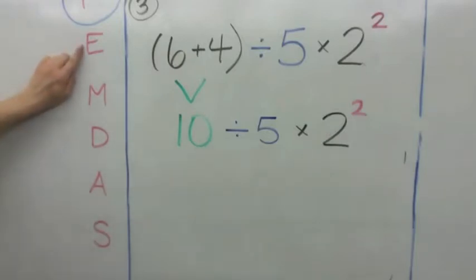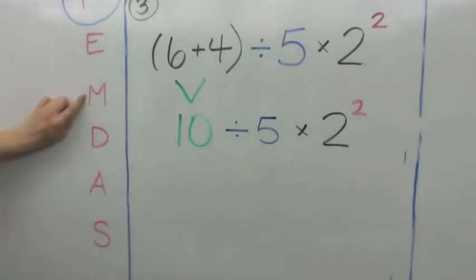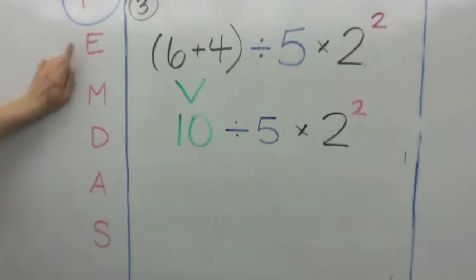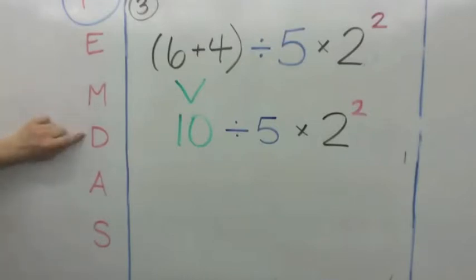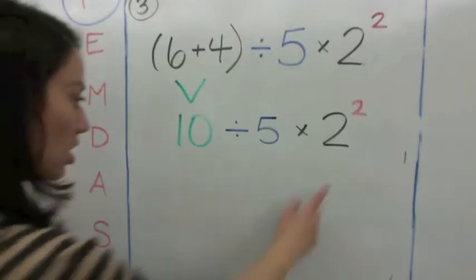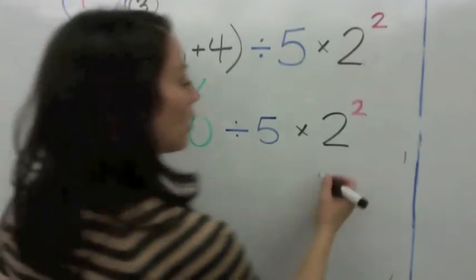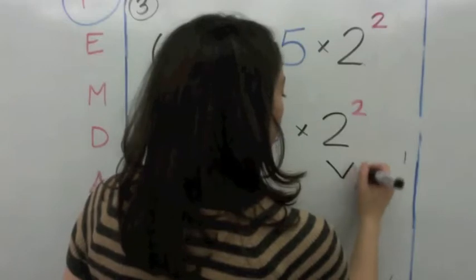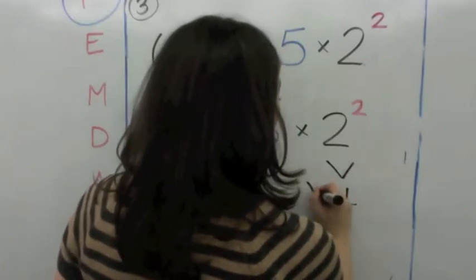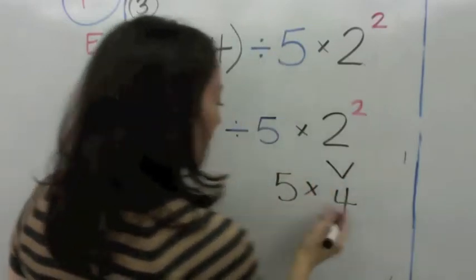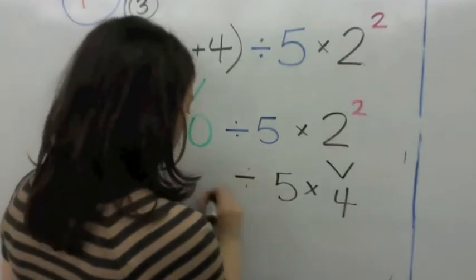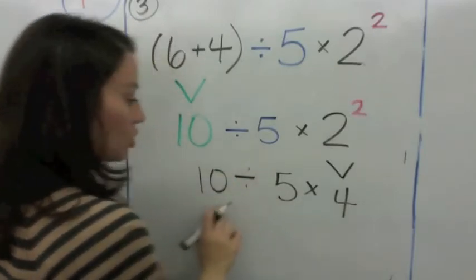We have exponents, multiplication, and division. So that's the order we're going to go in. EMD: exponents, multiplication, division. So let's start with the exponent. What is 2 squared? That's an easy one. 2 squared is 4. But remember, we're going to have to multiply that by 5. And over here, we have to put a division sign and put a 10.